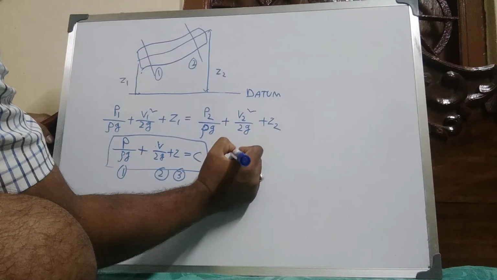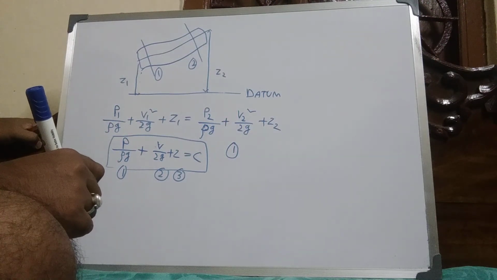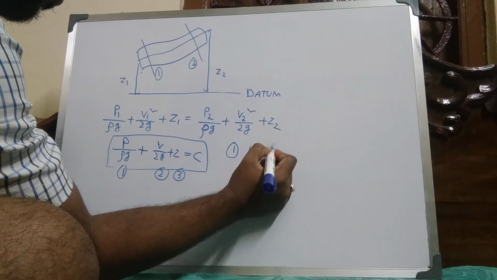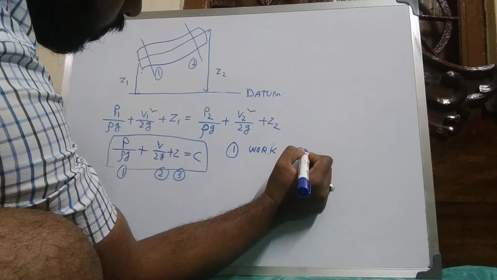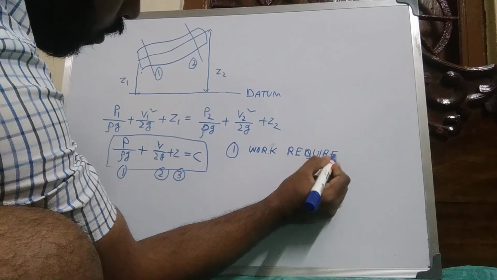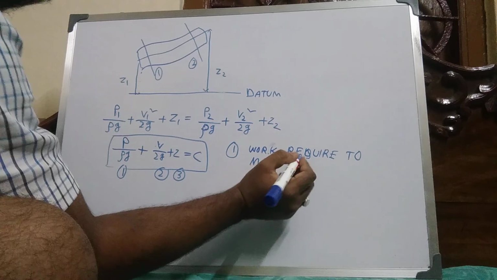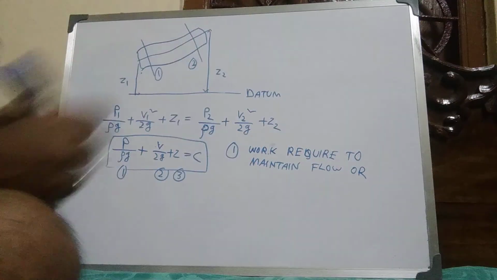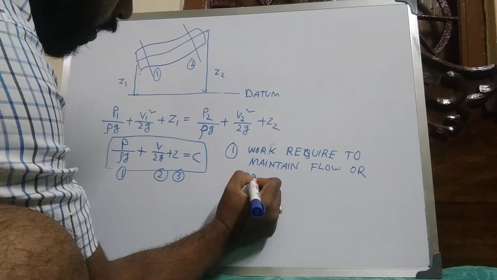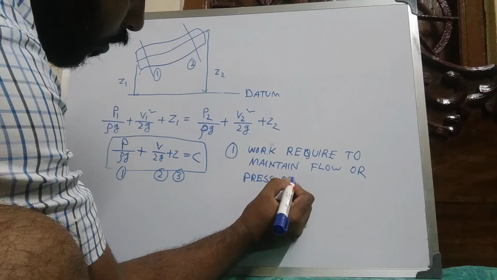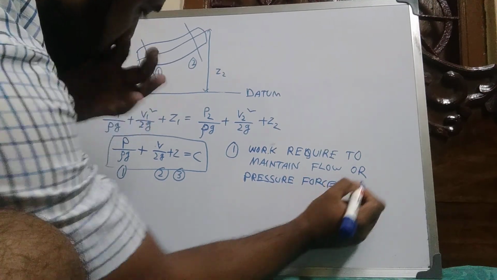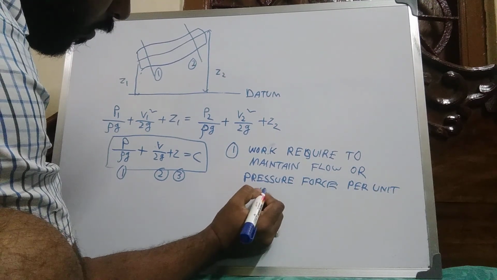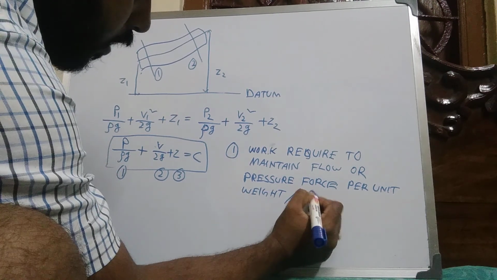Here number 1 is the pressure force, or you can say the work required to maintain flow, or pressure force per unit weight, or pressure head.